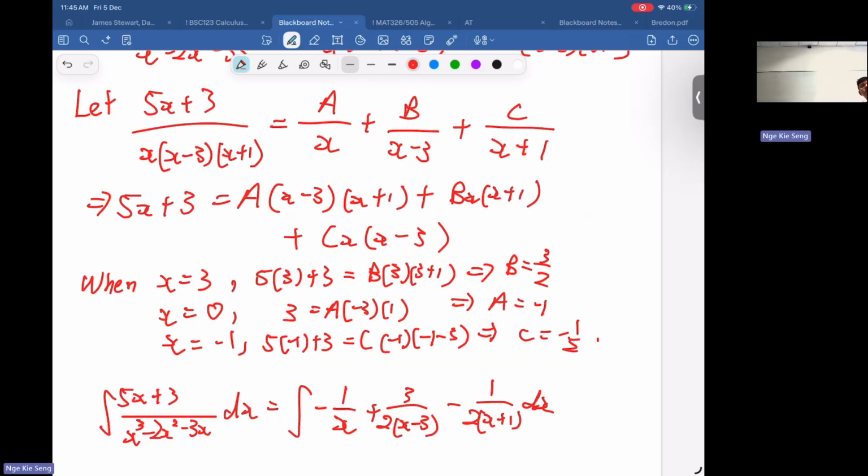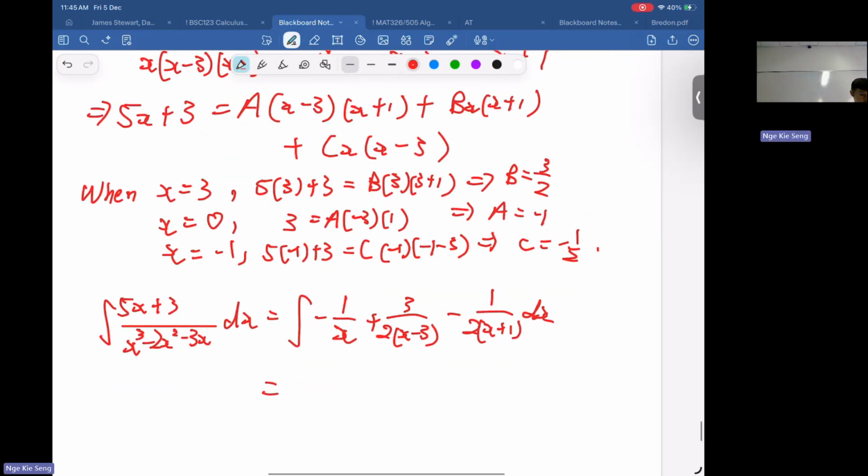Again, this is just 1 over some linear polynomial. You can use substitution, then you will transform everything into ln.